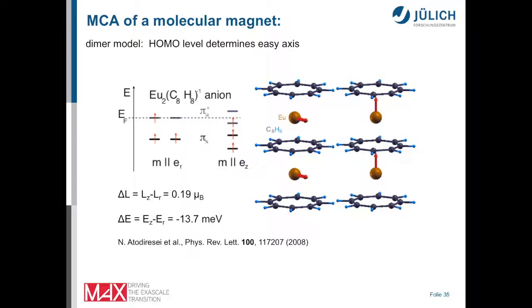You have one spin here, and if you turn the magnetization perpendicular, then these two levels are split. You have the spin-orbit coupling, which makes one of the states with a certain angular momentum more favorable, and then this energy splitting directly translates into a very large magnetic anisotropy energy and also into a large orbital momentum. So this is the simple case of a molecule.